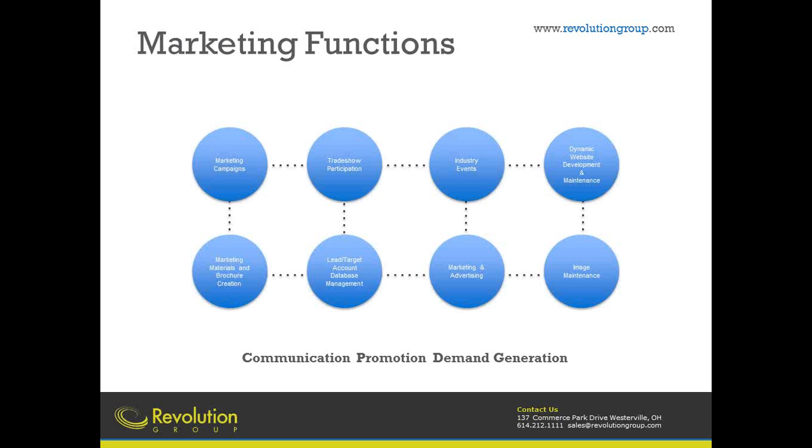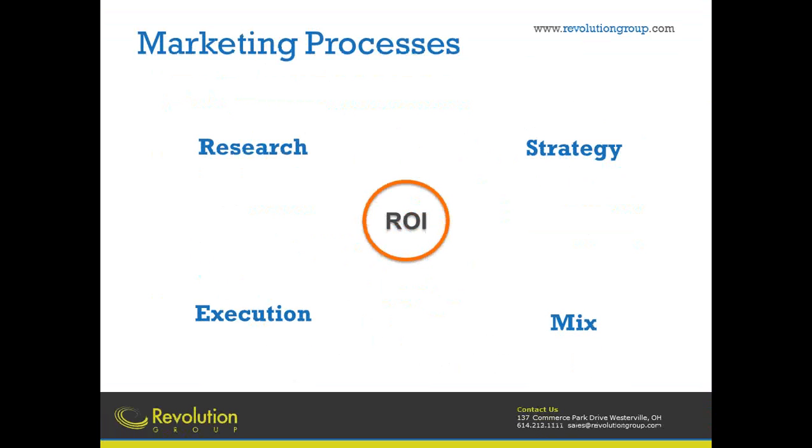So we have numerous marketing functions, and this is just a sample of things that marketing people would do. A little more complicated are the processes associated with marketing. What are the repetitive tasks?